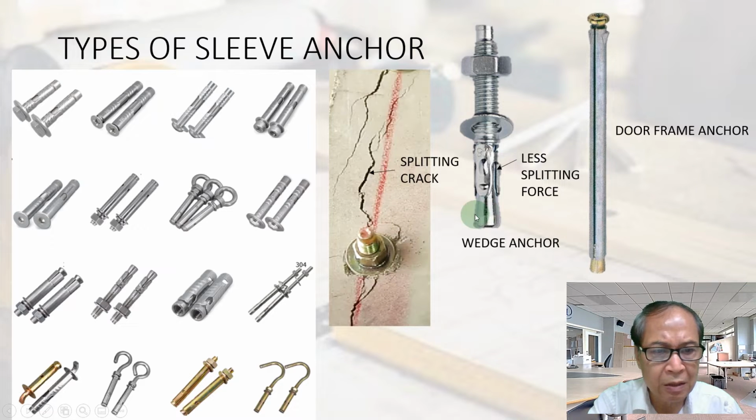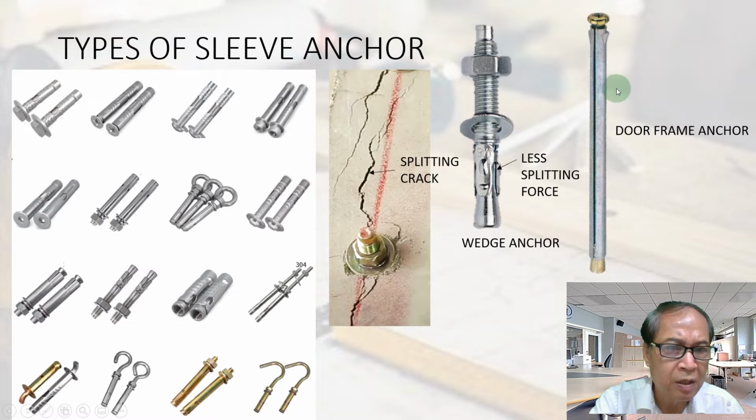So, another kind of wedge anchor like this, without the long sleeve, has less splitting force, so it's not so easy to crack the concrete. This door frame anchor is quite long, at least 4 inches. It's a small bolt and long, for door frames.